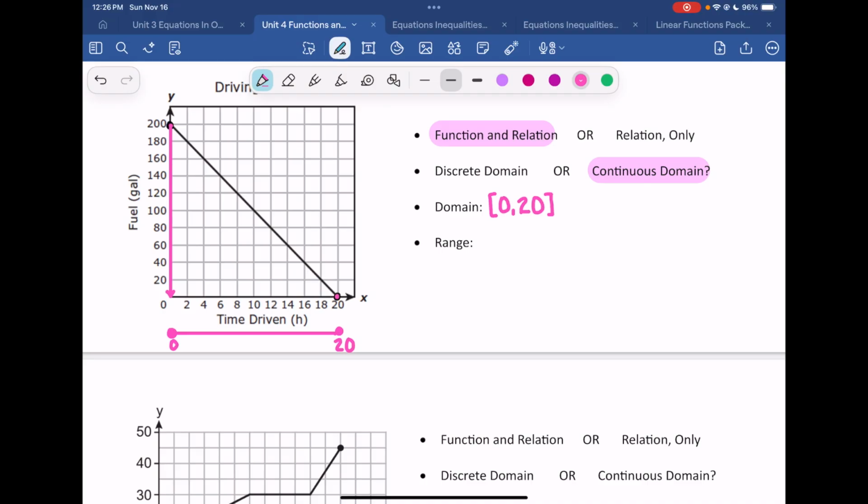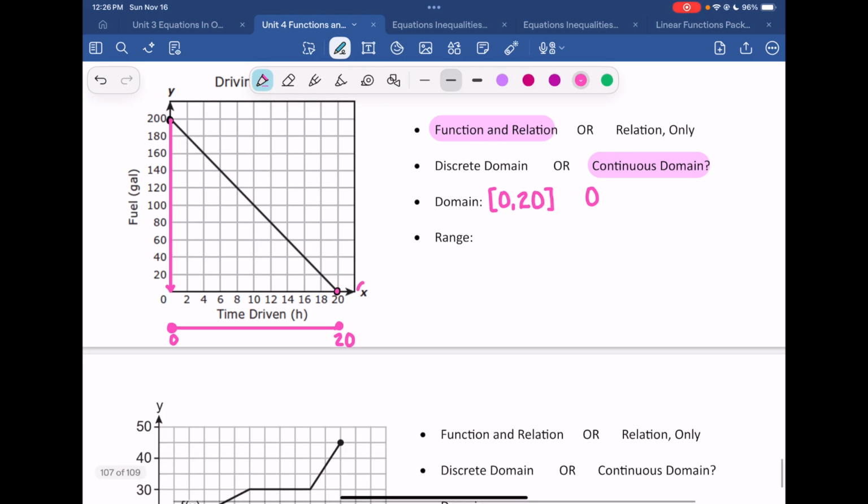Or you can write an inequality. So with an inequality, because this has a start value and an end value, it's going to be one of those sandwich inequalities. So we would put the 0 first. We put the variable in the middle. So the variable is x. The h here just means hours. That's not really the variable. And then we put the maximum, which is 20.